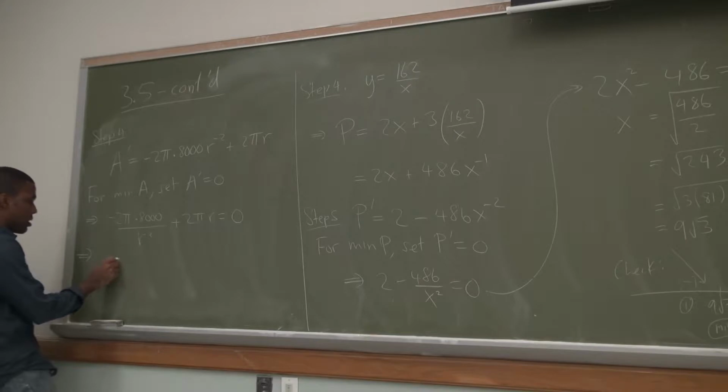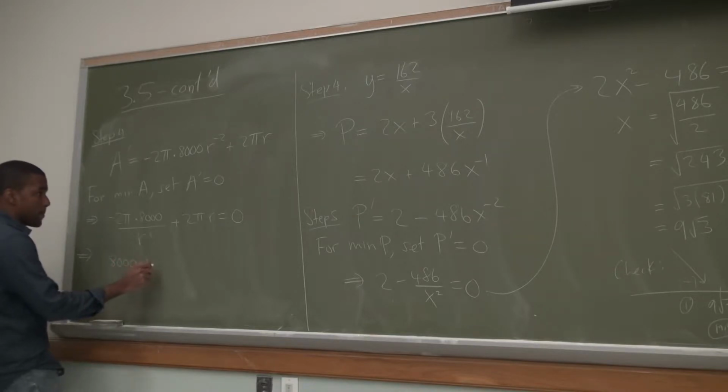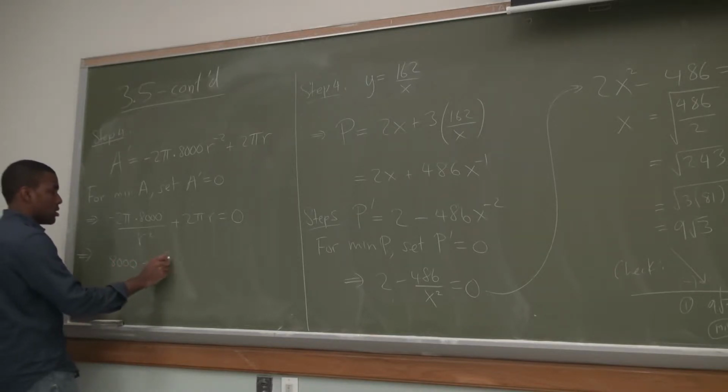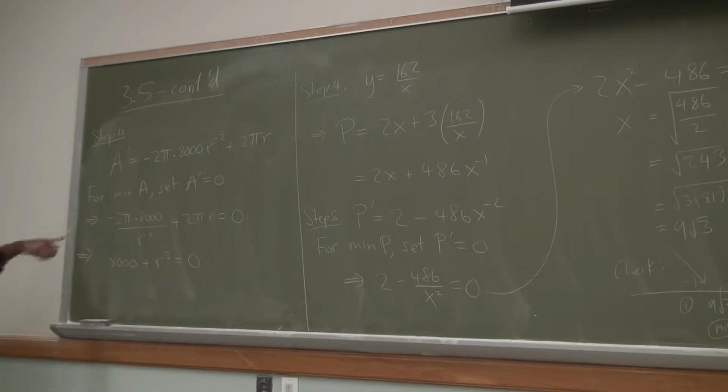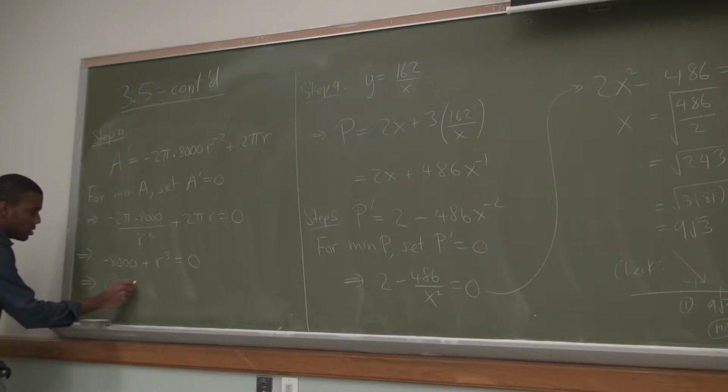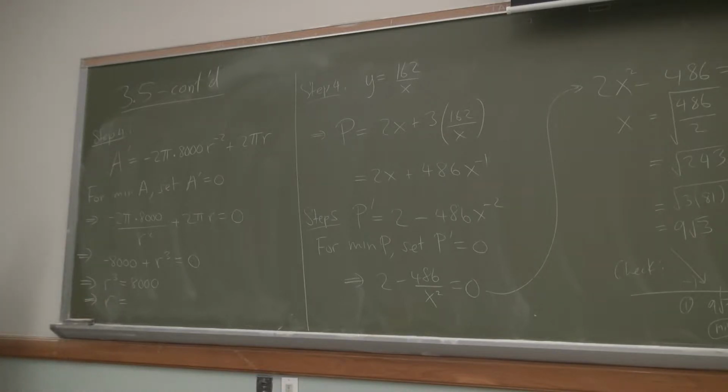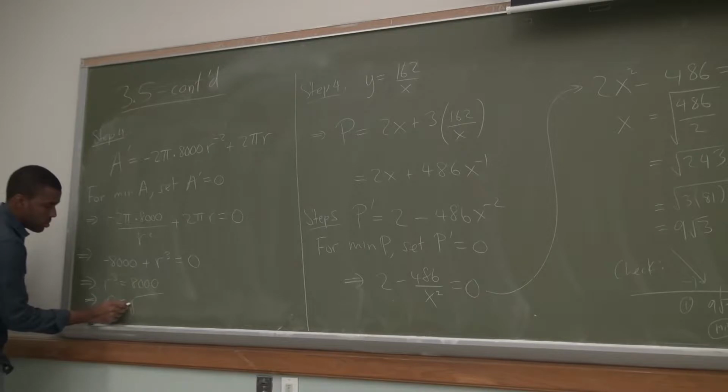This gives me r cubed equals 8,000. So r would be the cube root of 8,000.